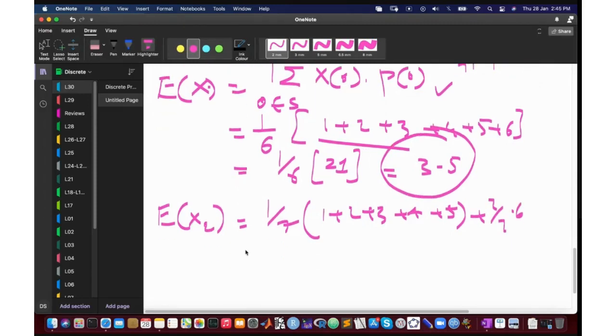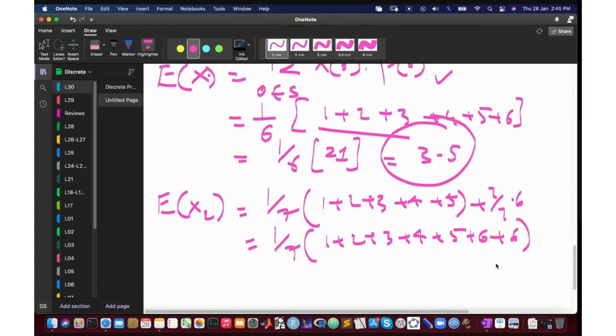Okay, and you'll see that this will come out, I hope, different. क्यों different होगा क्योंकि यहाँ पे इसकी weightage ज़्यादा है. So इसको मैं कैसे कर सकता हूँ आसान तरीके से, 1 over 7, 1 plus 2 plus 3 plus 4 plus 5 plus 6 plus 6.